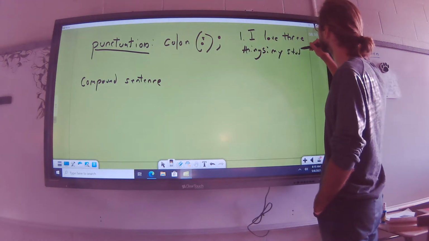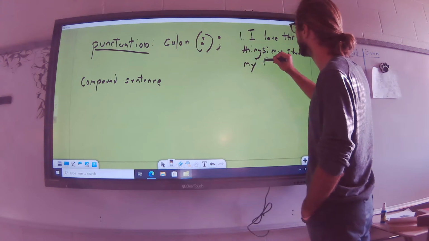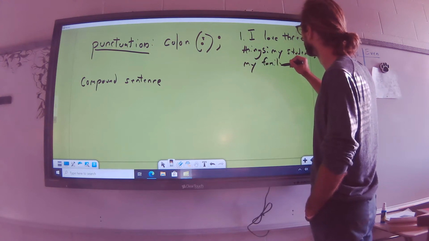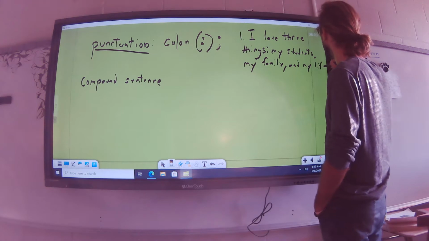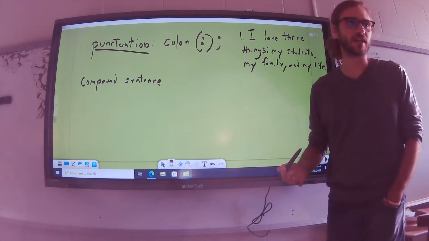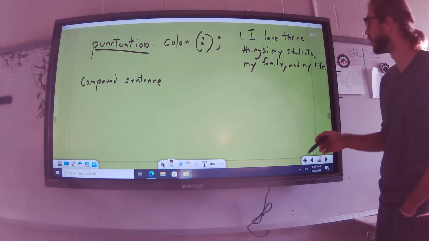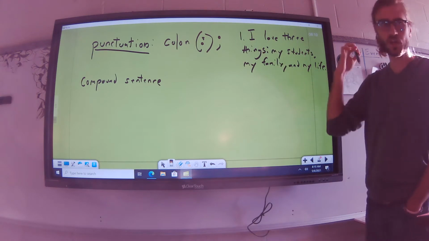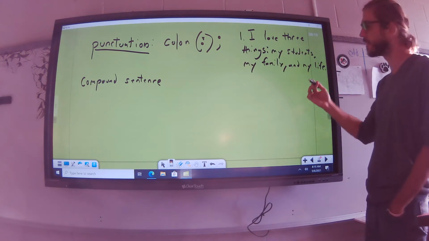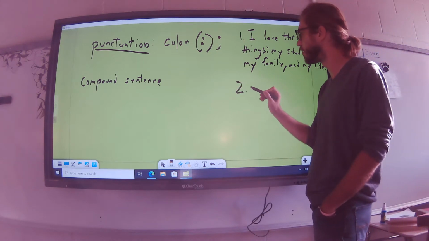My students, my family, and my life, right? Something like that. So again, one of the reasons to use a colon is to introduce a list. So you'd have a sentence, I love three things, colon, my students, my family, and my life, or whatever it could be. Now, there's another thing you need to know about colons.